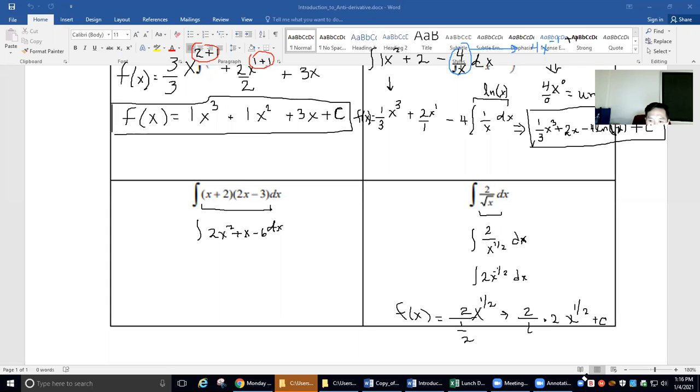So if I clean this up a little bit, what does my final answer look like? Oh, okay. Thank you, Isa. 4 times x to the 1/2 plus c. That's correct.